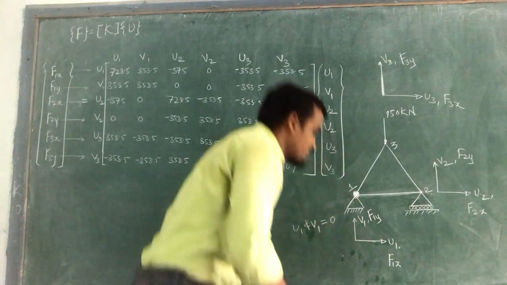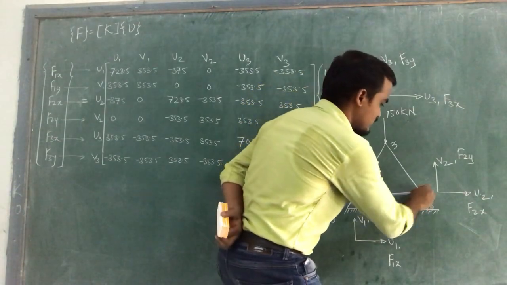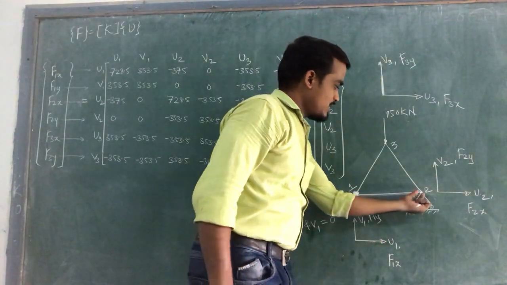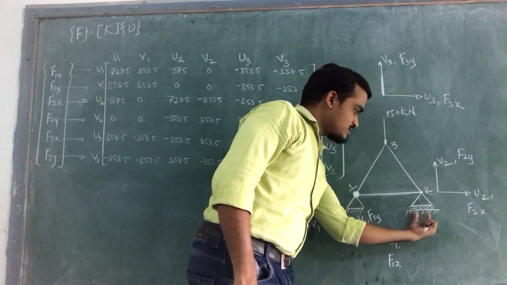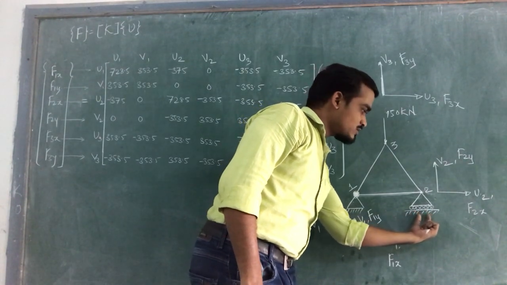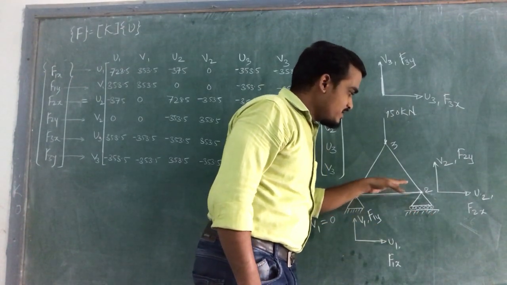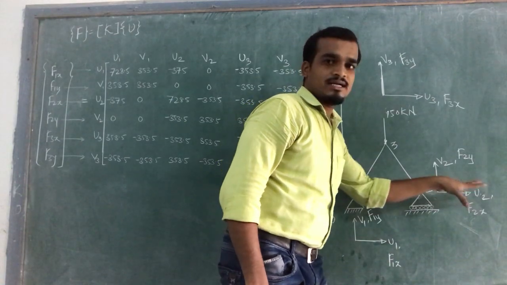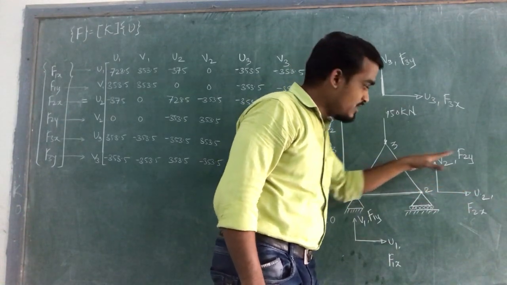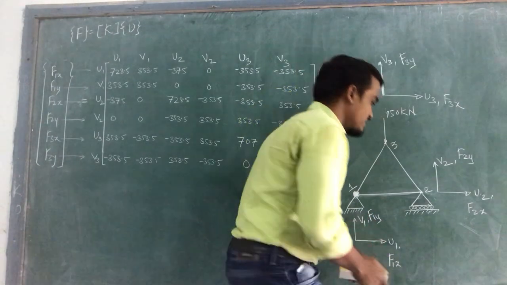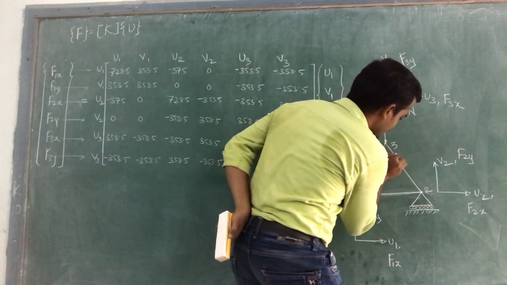Now look at this second node. This is a roller support, and due to this roller support there will be some displacement occurring in the horizontal direction. So there must be a U2 value, and we need to find it out, so it is an unknown value. But what about V2?